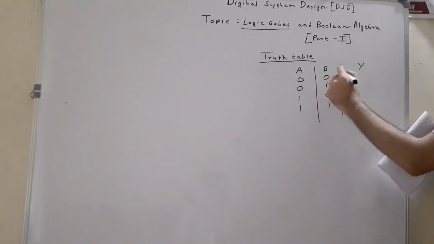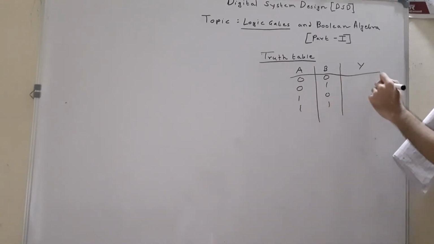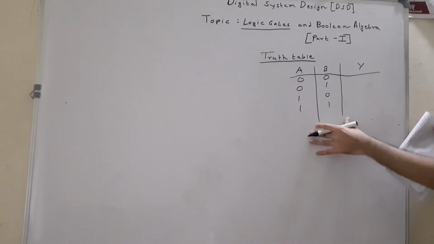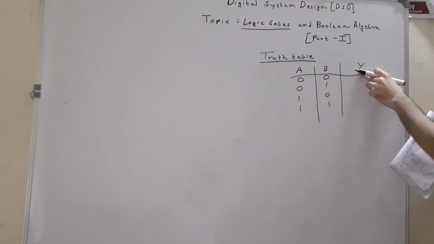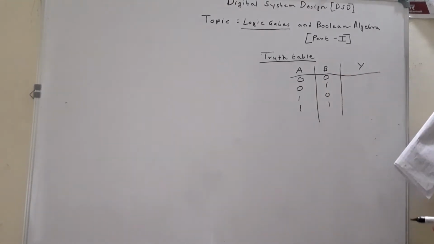As I had two input variables, I have 4 input combinations, and corresponding to that I have an output column. So this table is nothing but a truth table. A truth table gives us the corresponding output when certain inputs are given at the input of the digital circuit.